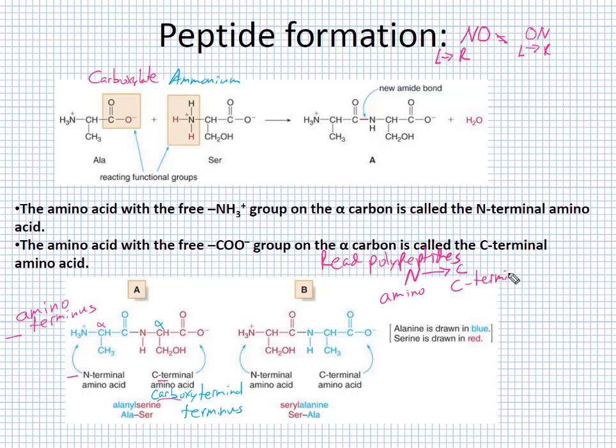Now, it helps that this is also alphabetical. A comes before C. So when you're looking at a series of amino acids, like I said before, we had maybe leucine, R is arginine, maybe glycine and glycine, by convention this would be the amino terminus, and this would be the C terminus. That would be different from glycine, glycine, arginine, leucine.